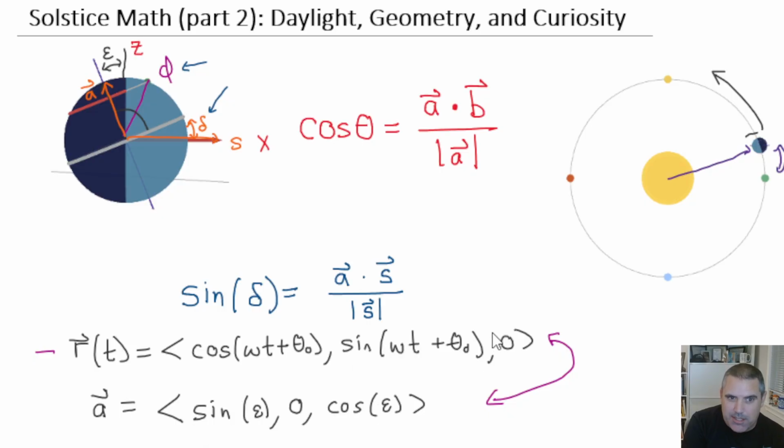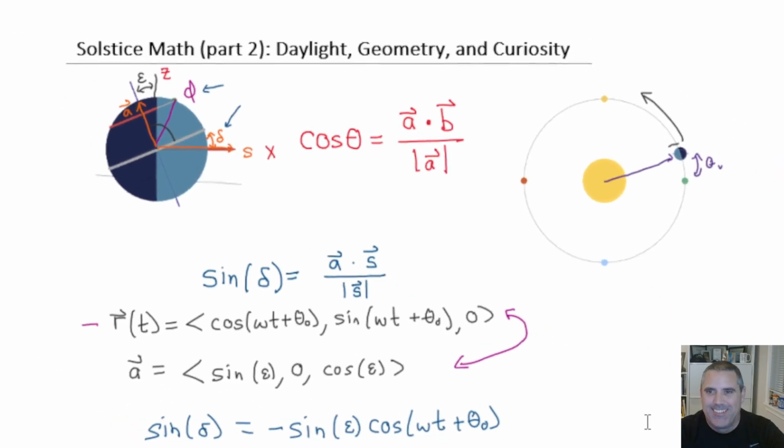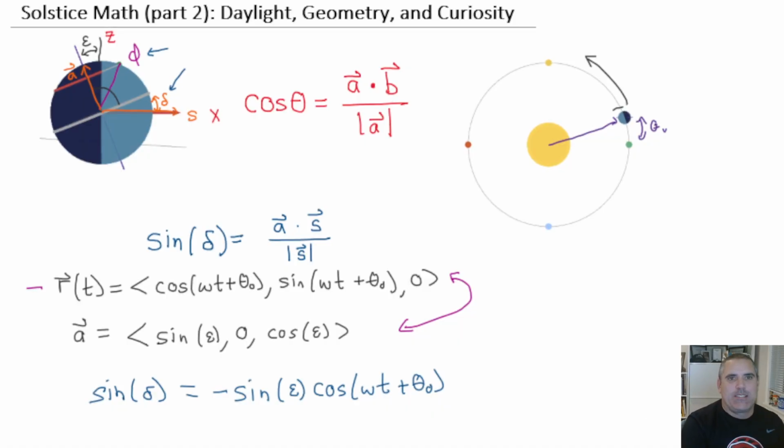And then it's 0 times that and 0 times that. So you get the following relationship. That it's negative sine of epsilon, the axial tilt, times cosine of omega t plus theta naught. And I know I've headed off the screen here. So there we go. That's that relationship.